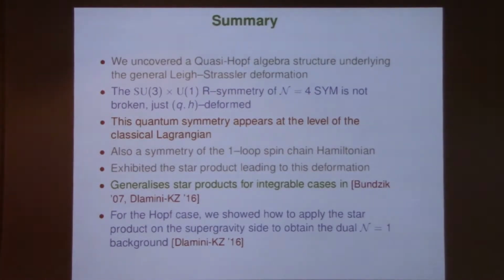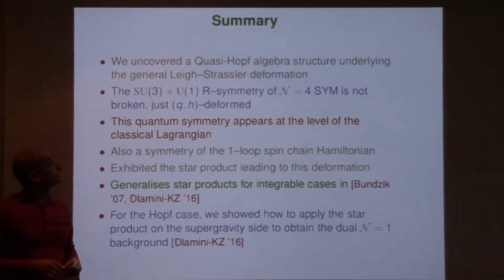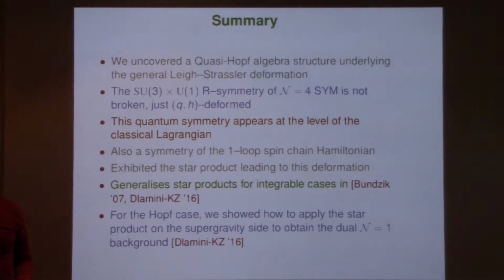Okay, to summarize the talk, what I've uncovered is a quasi-Hopf algebra structure, which tells you that maybe we should start thinking of this quasi-Hopf symmetry as a real global symmetry of a real physical quantum field theory, real in the sense of n equals 1 supersymmetry, and conformal and all that.